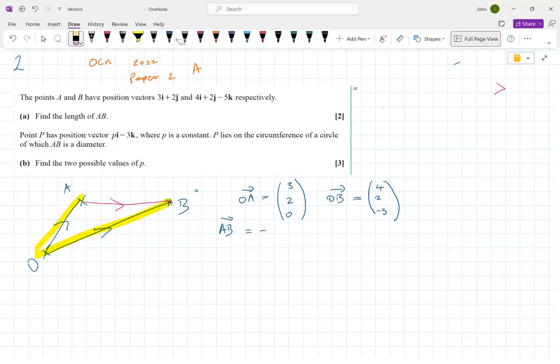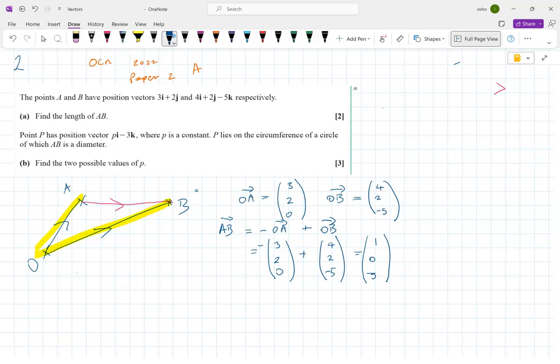So it's basically minus (3, 2, 0) plus (4, 2, minus 5), so that equals (1, 0, minus 5). Okay, so that's that. As I said earlier, it's just a difference of coordinates.